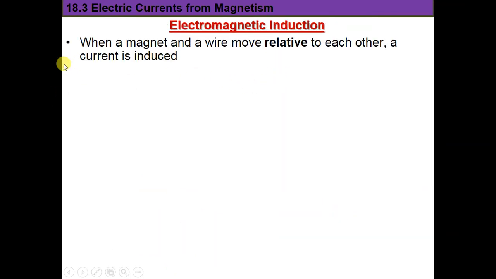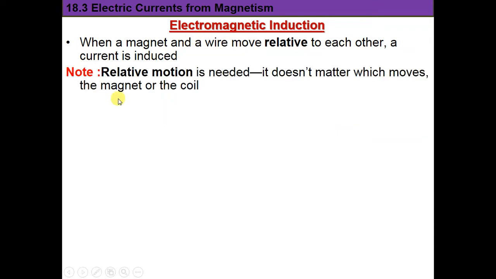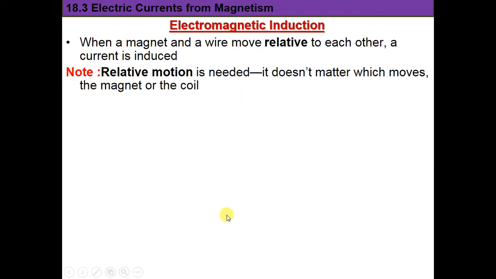When a magnet and a wire move relative to each other, a current is induced. Relative motion is needed. It doesn't matter which one moves, the magnet or the wire. I will show you in another slide.